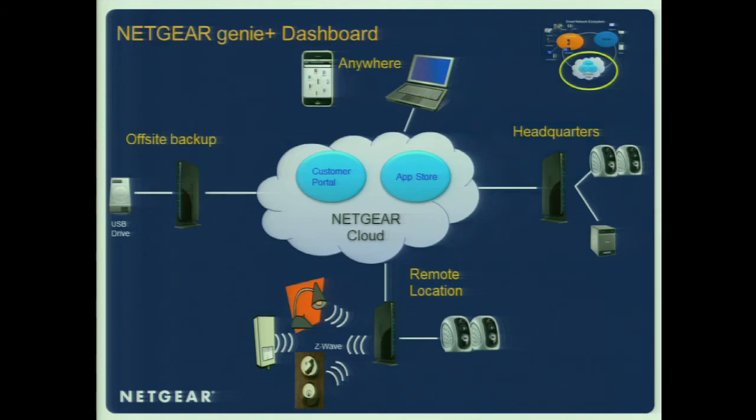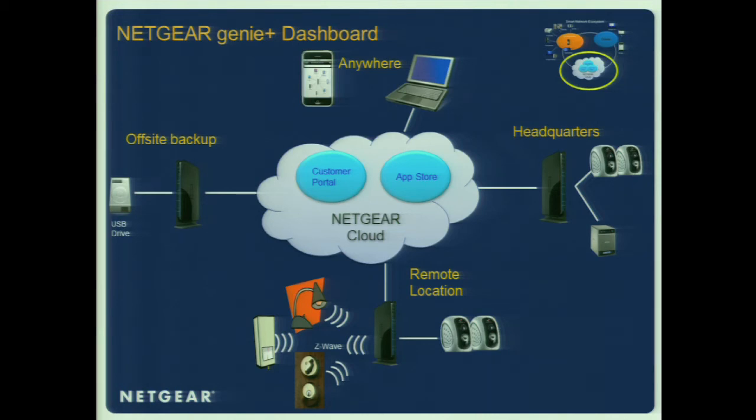So when all these come together, the basic idea is no matter where you are, anywhere in the world, you have access to your devices. And it doesn't matter if your devices are in your home or in your business. If you have a distributed business model, for example, let's say convenience stores, maybe you have a headquarters that has some monitoring systems on it. You have a remote location where you actually can turn the lights on, security on and off, and things like that.